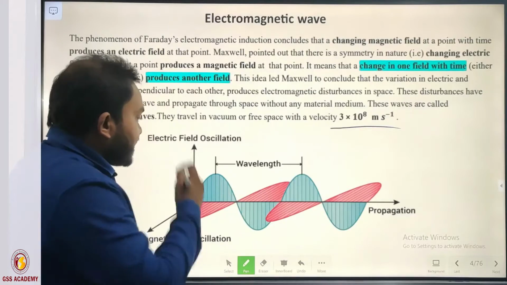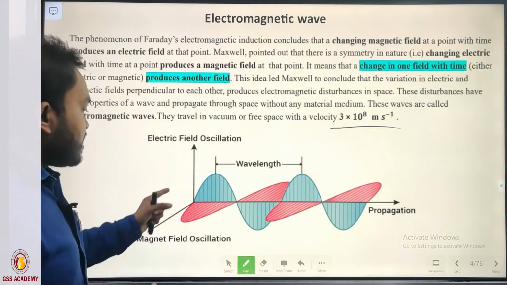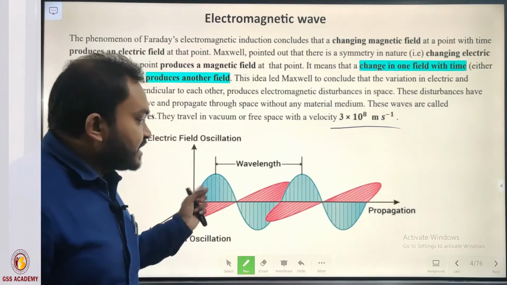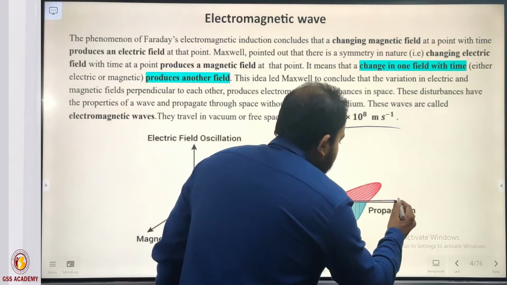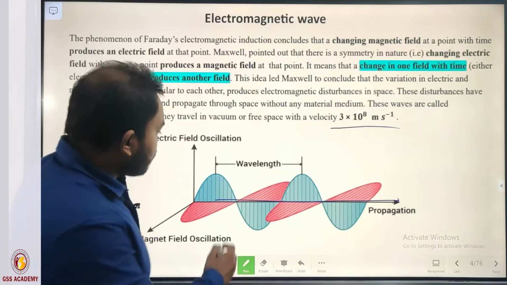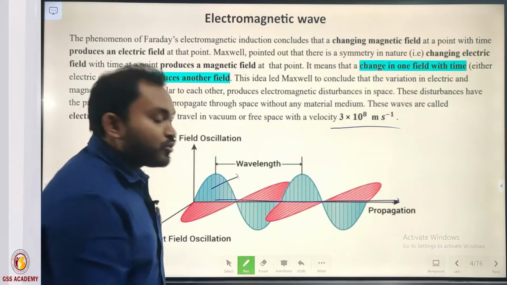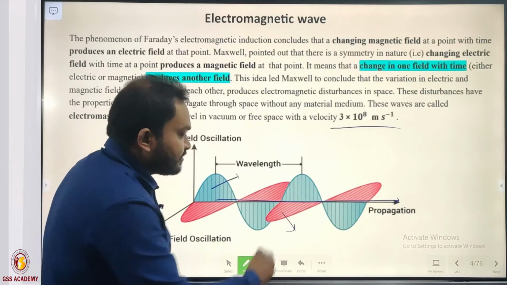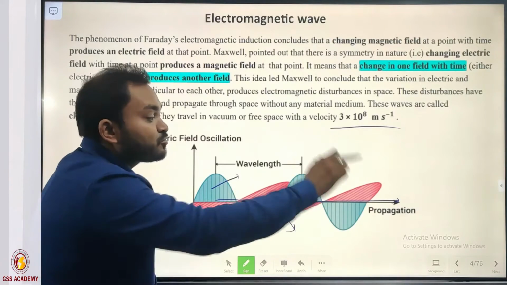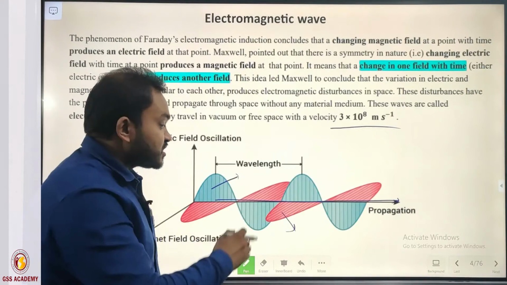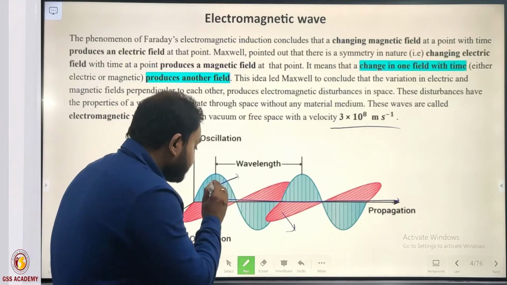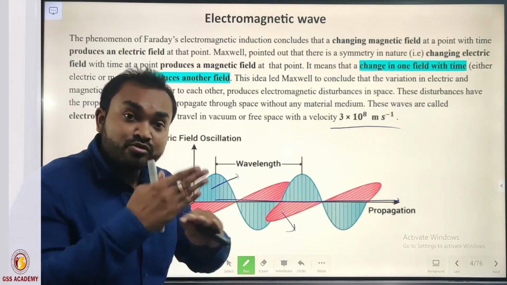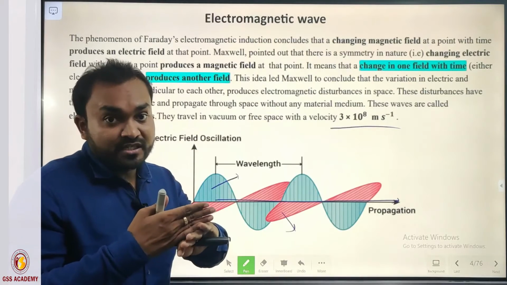If you see the magnetic and electric fields of an electromagnetic wave, and this is your propagation direction, then both the magnetic field and the electric field are perpendicular to the direction of propagation. And as I have already told, the magnetic field and electric field are also perpendicular to each other.